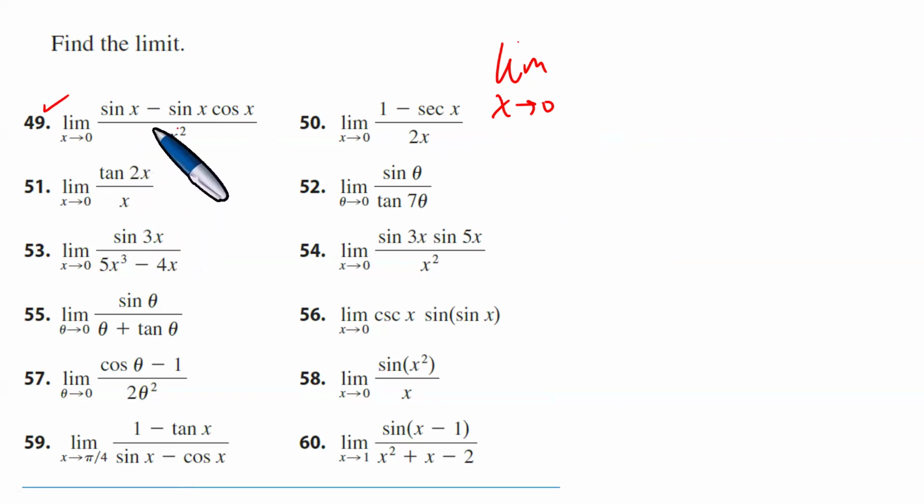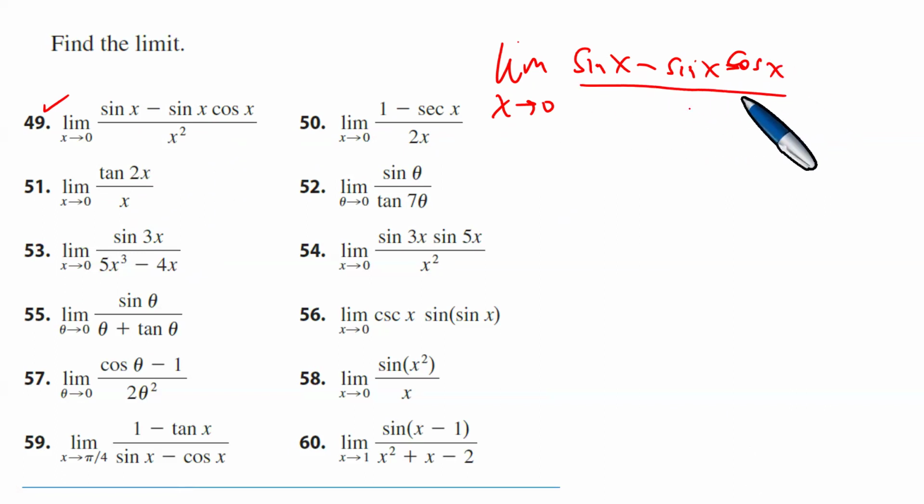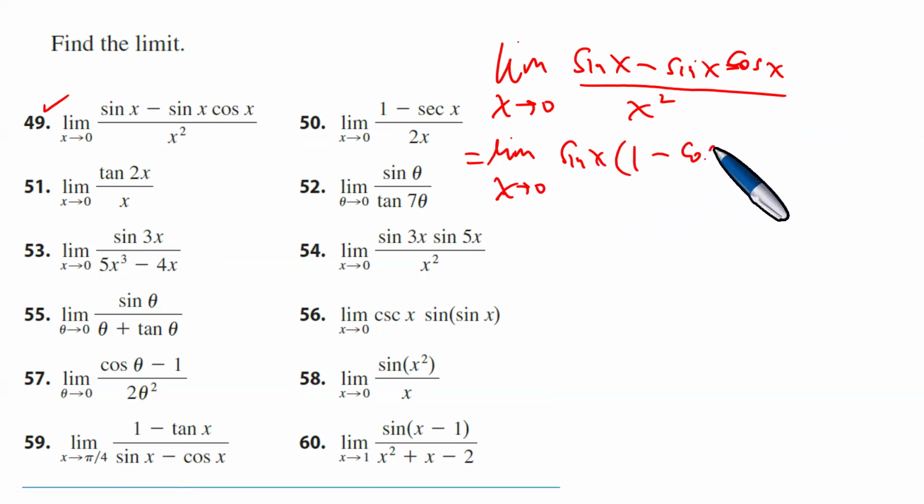So at this point, you have exactly this particular question here. One thing we are able to see is that we have been given sine x minus sine x cosine x, all divided by x squared. The limit as x approaches 0 of sine x times (1 minus cosine x) divided by x squared.